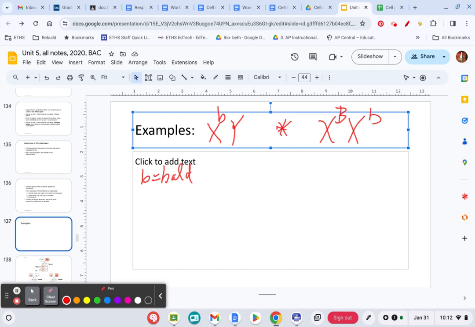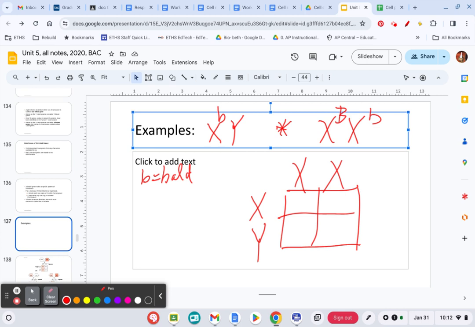The way we do these Punnett squares is we have to keep track of not only the trait, but also the X's and Y's. The female goes across the top, male goes on the bottom.